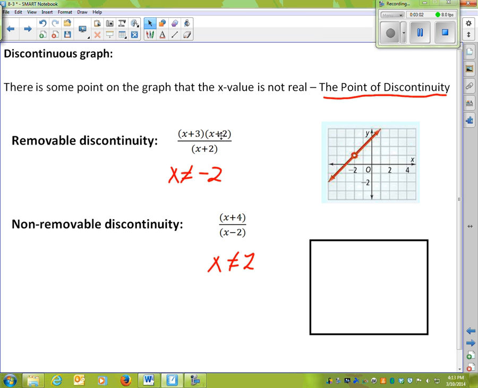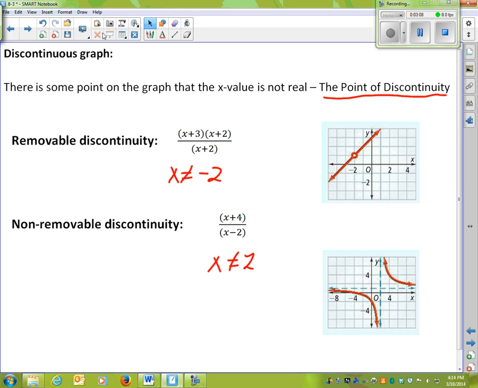There's nothing that I can reduce here or remove. This is a picture of my graph. Right here at x equals 2 is called an asymptote. It's a line that my graph will never cross.